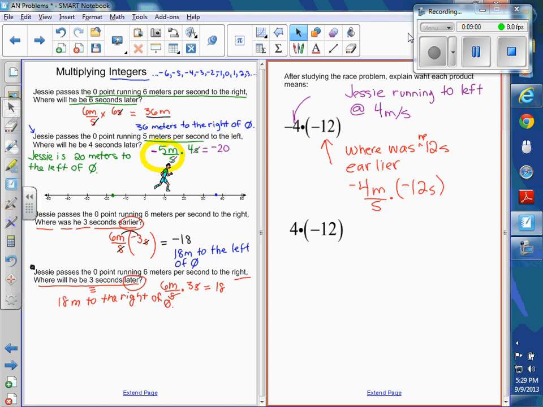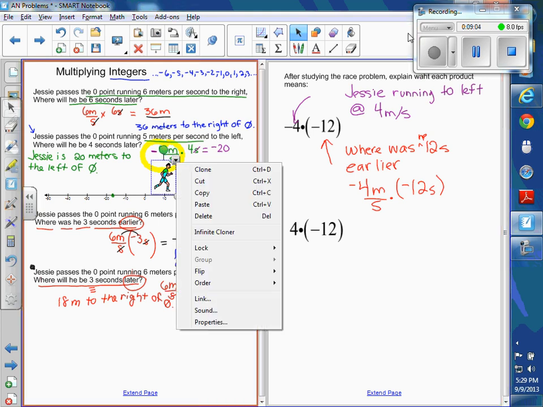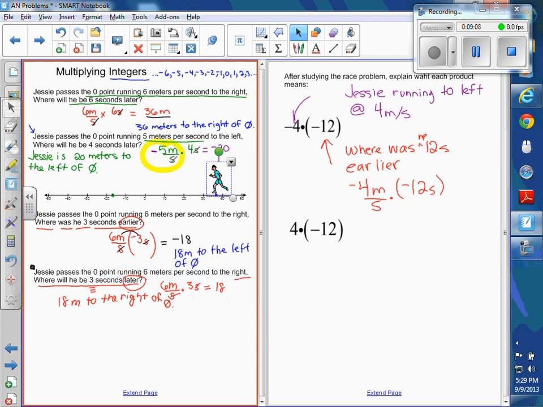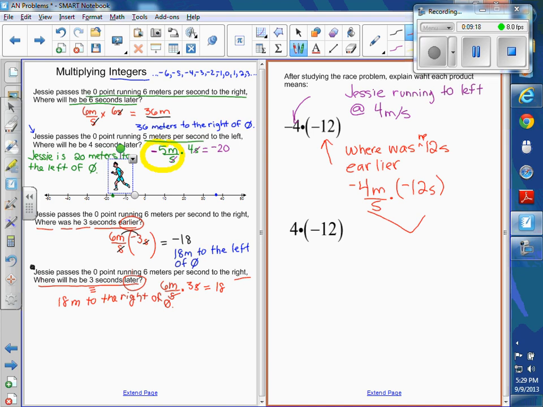And if you look at the number line, if Jesse's running to the left, he's going to be facing this way. As he passes 0, 12 seconds earlier, he would have been to the right, which is why the answer is positive. So 12 times 4 is 48, so he would be at the 48 meter point, or 48 meters to the right of 0.